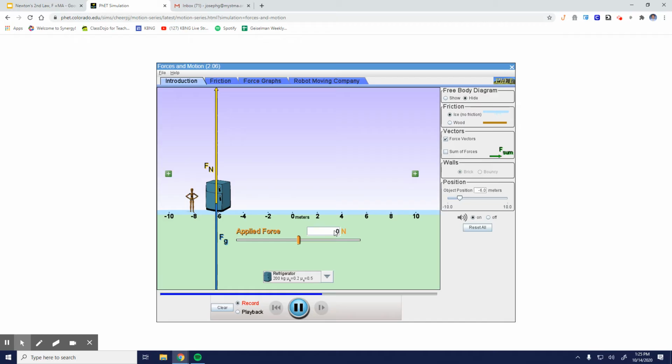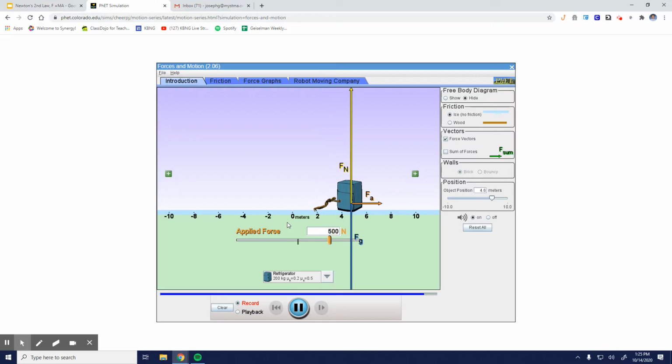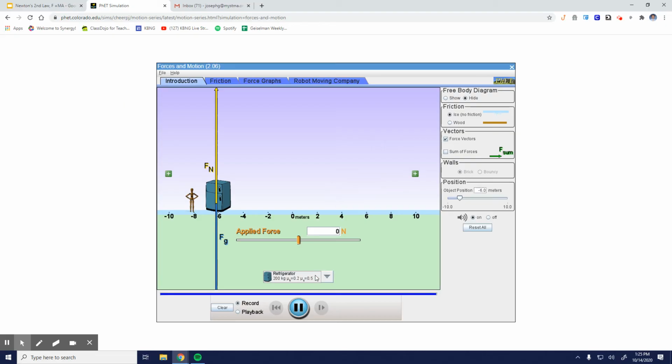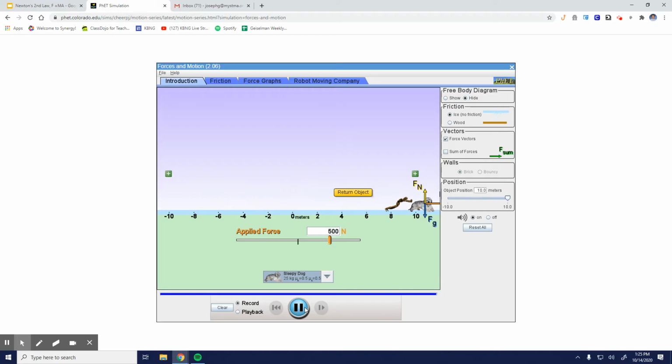So let's say we put this force up to 500. Now it's accelerating at a much faster rate, and it's changing its velocity much faster, right? What would happen if we kept the force at that same 500, and we changed it to a dog?